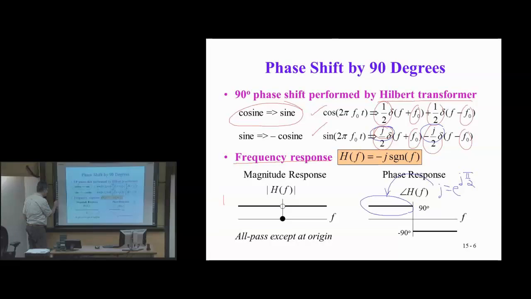And then minus j is e to the minus j pi over 2, right, going the other direction. And so that phase shift, and again, in degrees, pi over 2 is 90 degrees, and minus pi over 2 is a minus 90. And so that's this term.